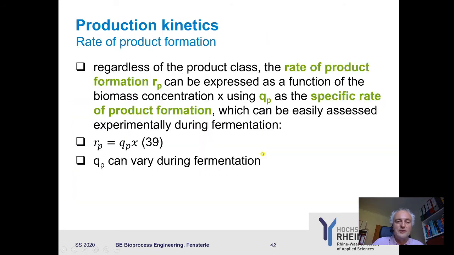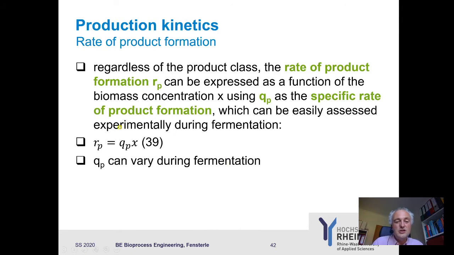Why is this relevant? Well, we can of course look at the production kinetics and the rate of product formation. And you remember, this is again back to the basic reaction theory. What we said is also there, it is class 1 kinetics. So the rate of product formation, like the specific growth rate, is of course proportional to the biomass concentration for the specific rate of product formation.